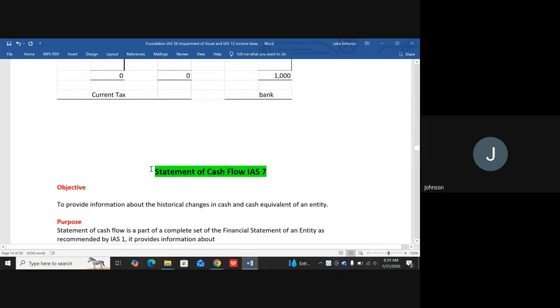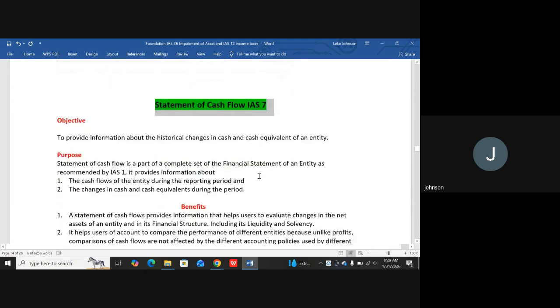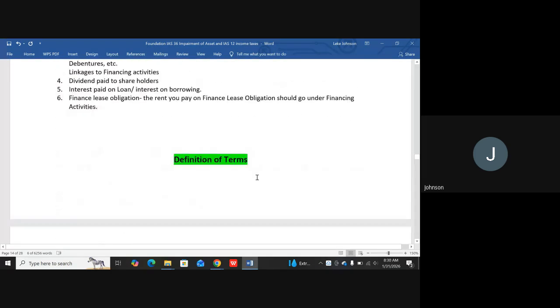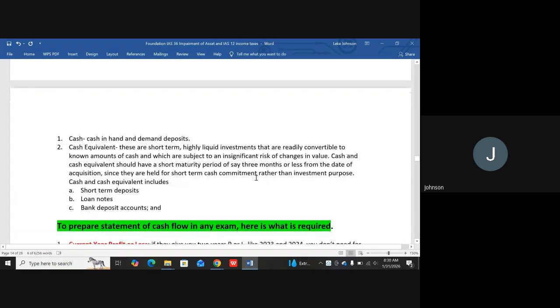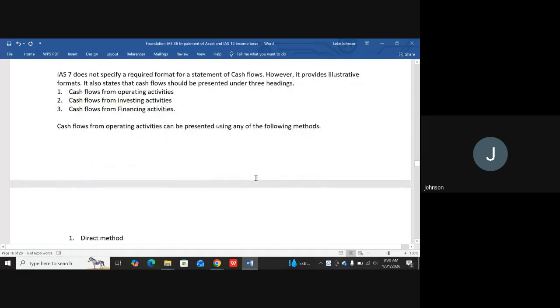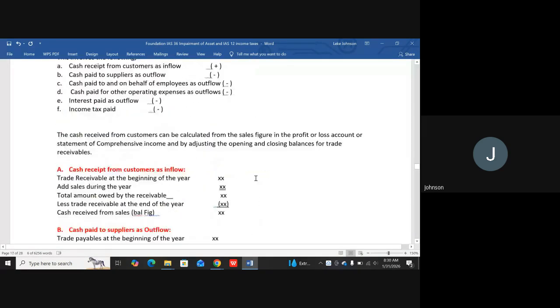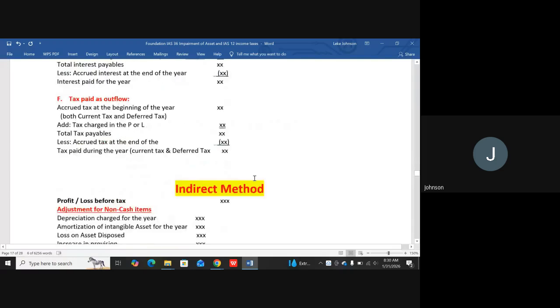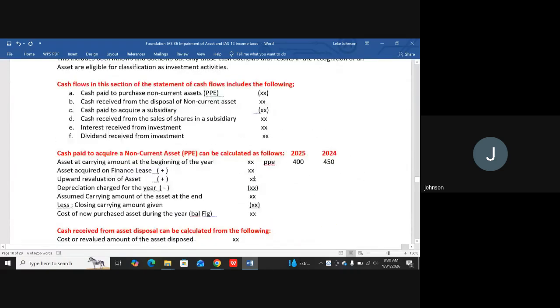This is a topic we're going to look at, and we will make good use of the opportunity. Any topic I'm teaching you, I'm teaching you to pass your exam and also to apply it in real life. So I want to go down to look at a financial statement and show you something in it.